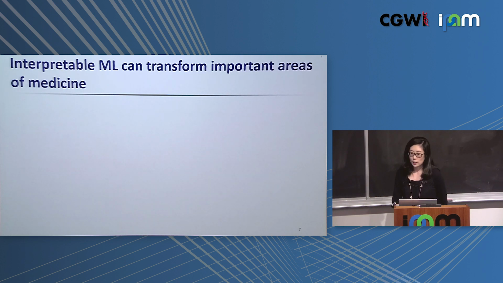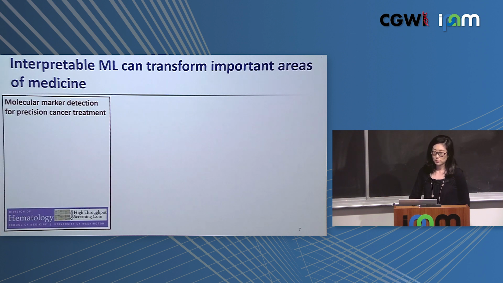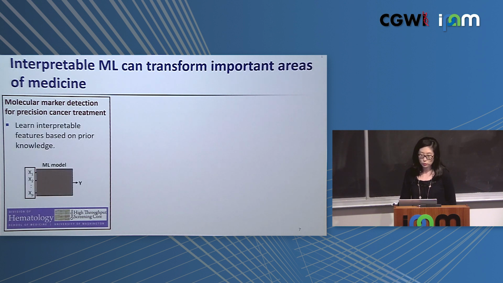In this talk, I'm going to show you three examples of how interpretable machine learning can potentially transform several important areas of medicine. I'm going to introduce some of the existing approaches as well, in combination with my approach. First, the molecular marker discovery problem. For precision cancer treatment, we show that learning interpretable feature representation helps us identify robust molecular markers for drug sensitivity phenotype in cancer.